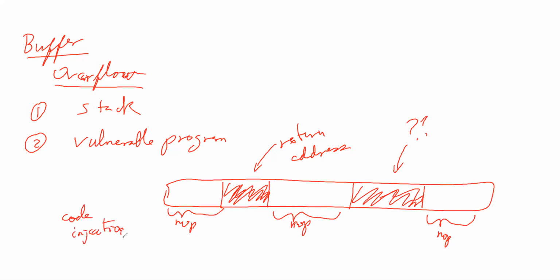Very good. And what is this shell code? Can you tell me? What is shell code? It's the machine code of a program that generates a shell or a terminal.